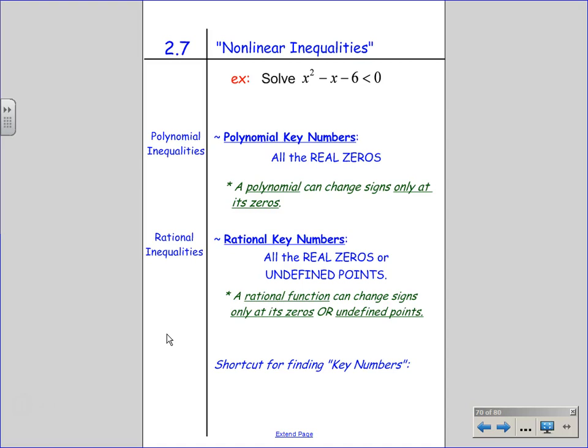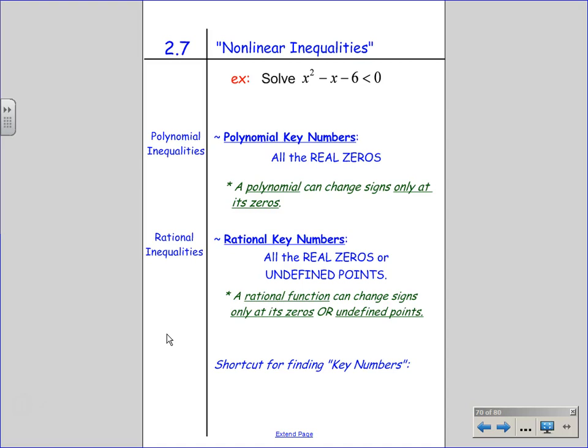And for rational numbers, as you guys noticed, the intercepts and the domain, aka the zeros and the undefined points, were the special ones. I'm going to call these key numbers. And the long story short for inequalities of functions that aren't quite as nice as just normal linear functions is that we have to make a sign chart, basically, using the key numbers, just like we did for graphs.